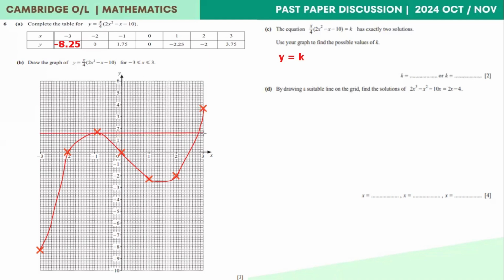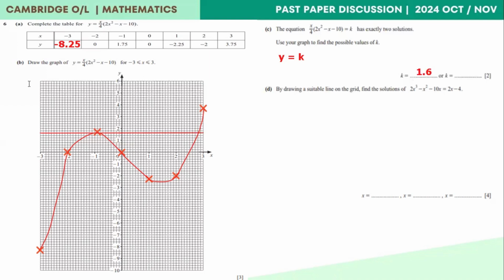That would be like this. Now you can see according to the graph in this y equal line, we are having two x solutions. So that point is y equal 1.246. One solution is going to be y equal plus 1.6.